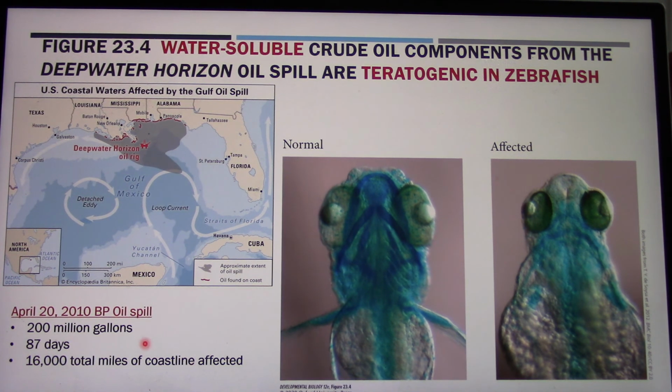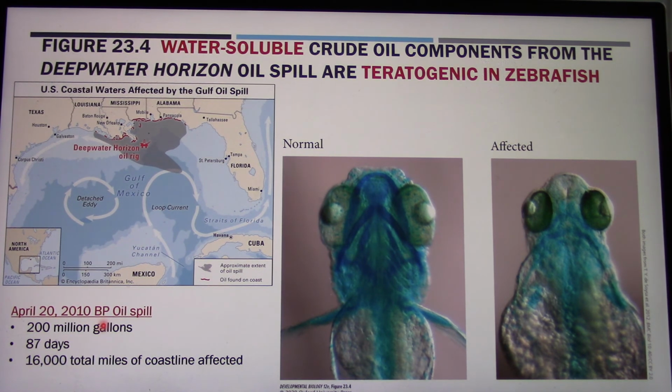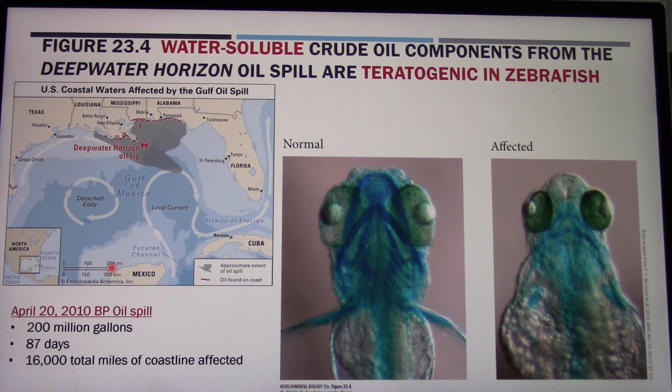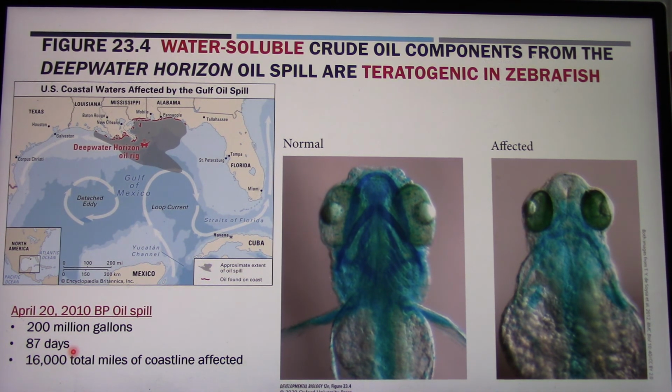So this happened in 2010, right before Earth Day in that year, 10 years ago, April 20th. 200 million gallons of British Petroleum oil was spilled from one of their rigs that we have out there in the water. This is why it's not the best idea to pump oil out of the ocean, but hey, that's what we do. 87 days of the spill, it just was pumping it out, and it was quite horrible.